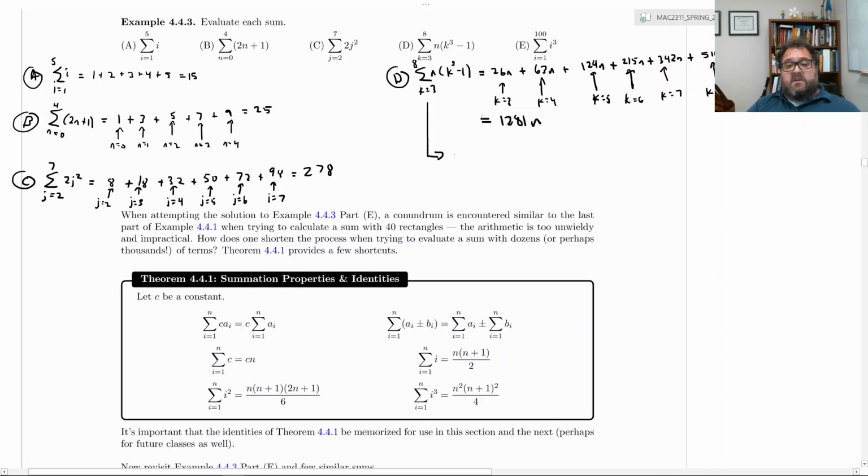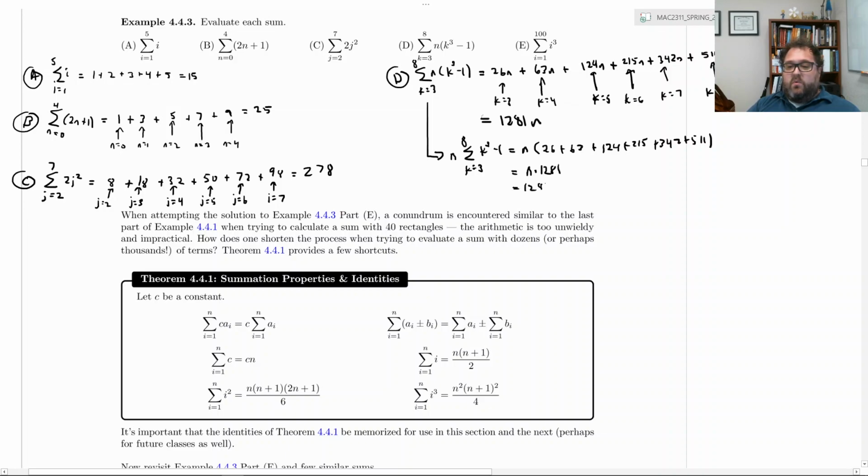So we could say this is equal to n times the sum, k equals 3 to 8, of k cubed minus 1, equals n, and then we add up the 26 plus the 63 plus the 124 plus the 215 plus the 342 plus the 511, and we get n times that sum, which we found was 1281.